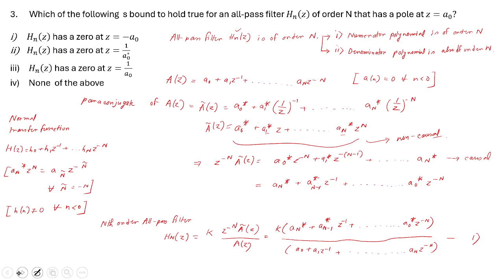So what is the denominator of your all-pass transfer function? You have seen A(z), that is, A(z) when evaluated at z equal to z_p is 0.